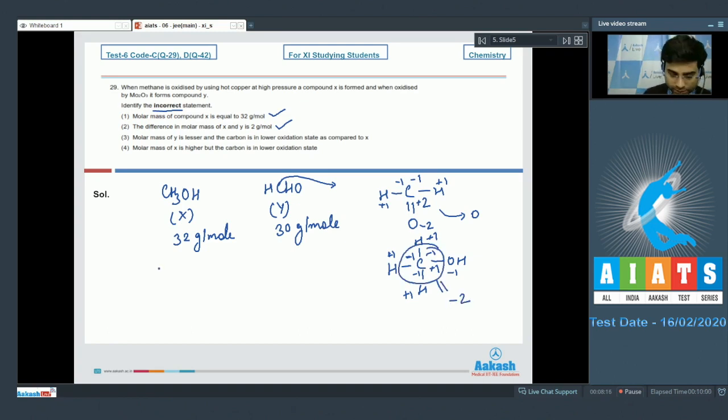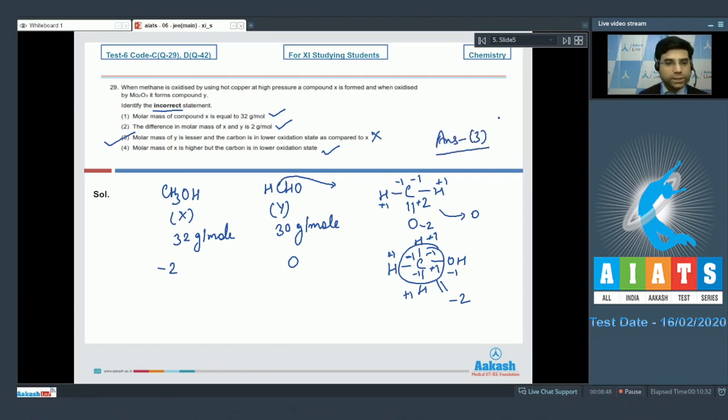So compound X has oxidation state of carbon as -2, compound Y has oxidation state of carbon as 0. So molar mass of Y is lesser, this is correct, but carbon is in lower oxidation state as compared to X, this is incorrect. So this is a false statement. Fourth statement says molar mass of X is higher, but the carbon is in lower oxidation state. This is correct. So the correct answer for this question will be option 3.